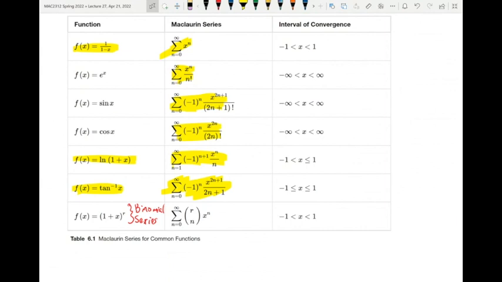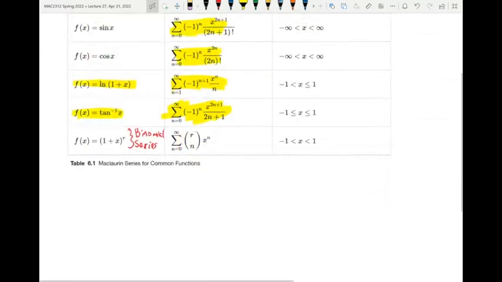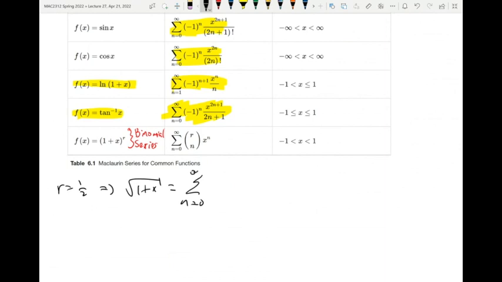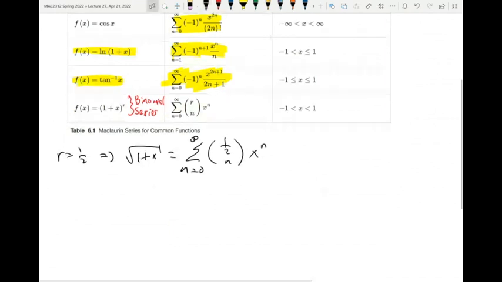That would be the case here for r equals 1/2. So for example, if r is 1/2, then square root of 1 plus x you can write as the sum from 0 to infinity of (1/2 choose n) x to the n. Now, the question is, what is this? When you have an integer here, if r is an integer, we know exactly what it means. This comes from combinatorics, but this is just the following.